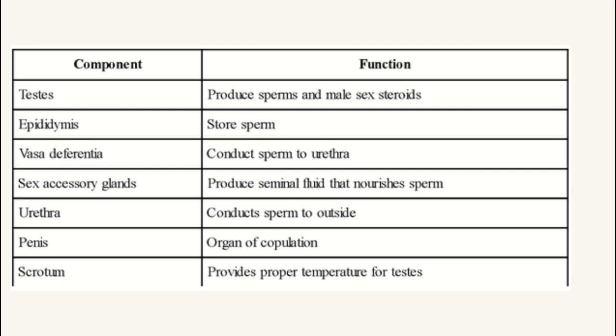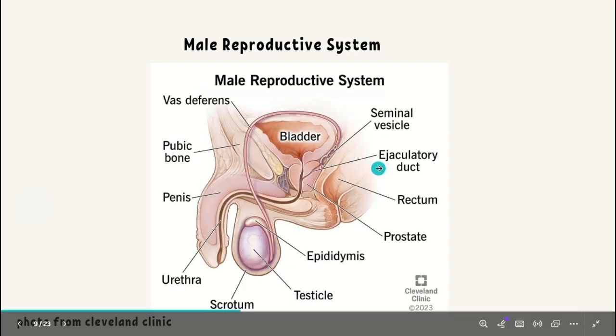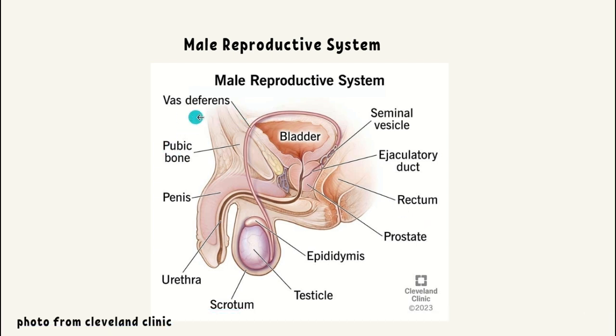Now, if we go back on the diagram, I will look at it more in depth. So basically, the vas deferens. We always mispronounce it, but the vas deferens is a muscular tube that carries sperm from the epididymis.